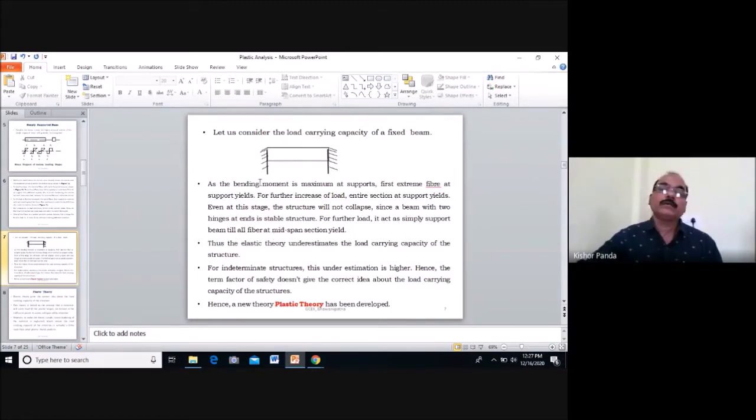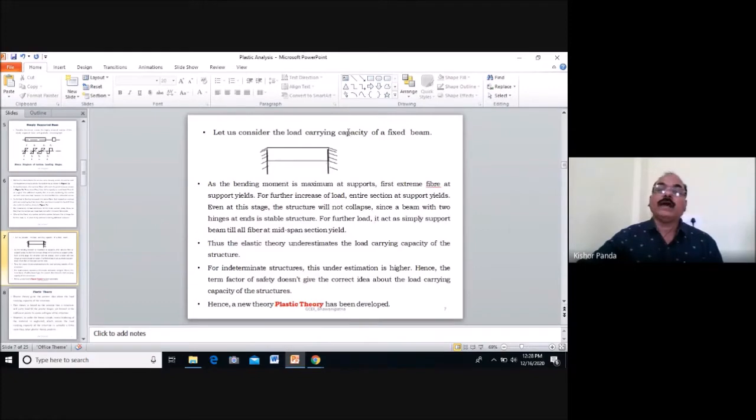You see, in the case of a fixed beam, the negative moment is maximum at the fixed end support, and the positive moment is maximum at the midpoint, or under the loading. With increase of load, after yielding of all fibers at the fixed end, the hinge formation will start.